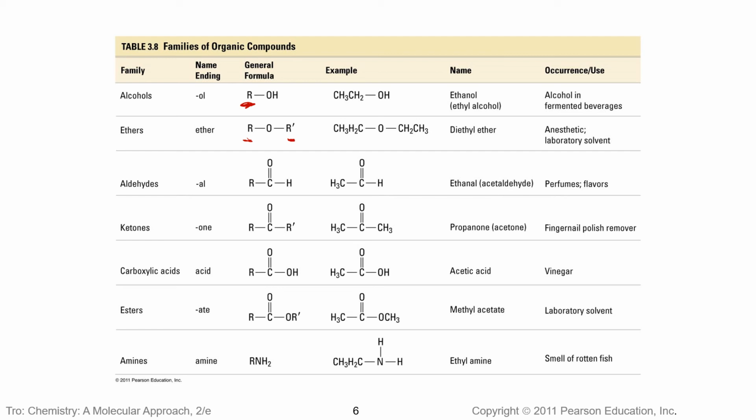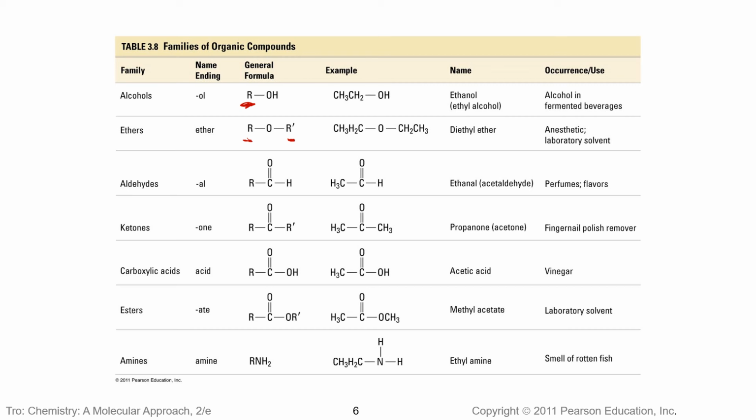We have aldehydes, where we've got a carbon double bonded to an oxygen with a hydrogen. These are quite fragrant molecules, so they get used in perfumes and flavorings quite frequently. Ketones are a double bonded carbon between two other carbons.